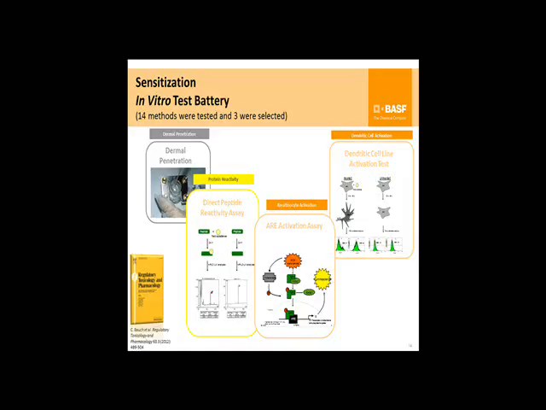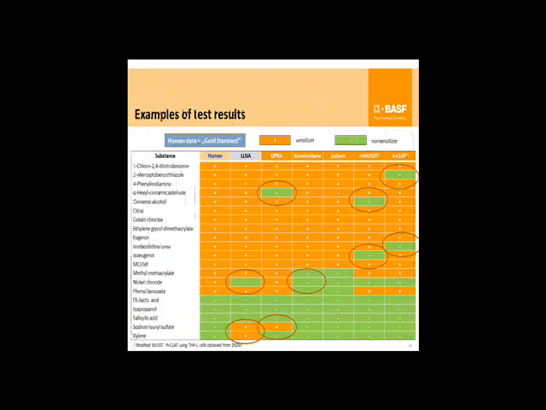In this slide, we summarize some of the data. So this is a selection of data we have obtained. First of all, I would like to point out that in the validation of alternative methods, we always have to set the gold standard. And we have done so looking at human data, but also, as indicated by Kim, the local lymph node assay is the preferred method in many regulations such as REACH.